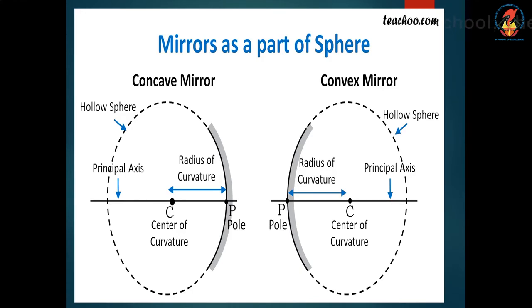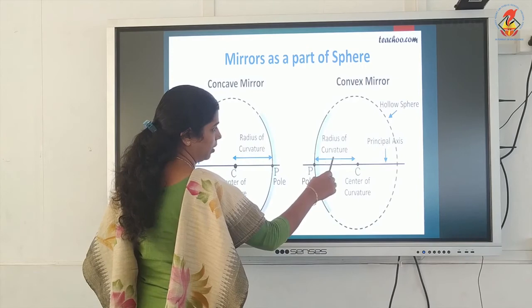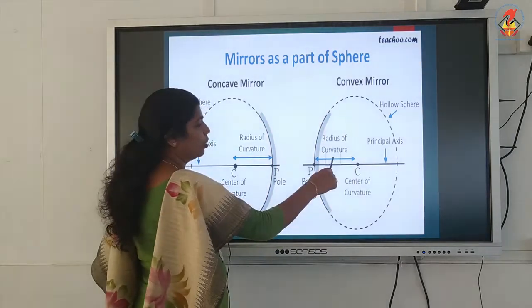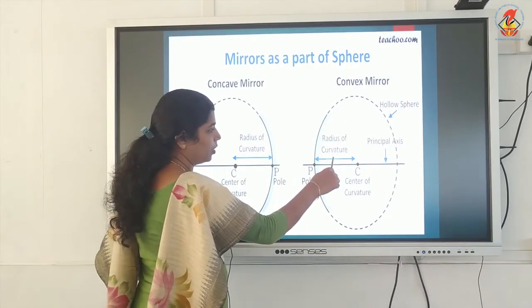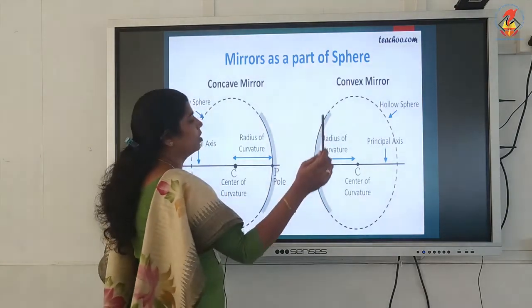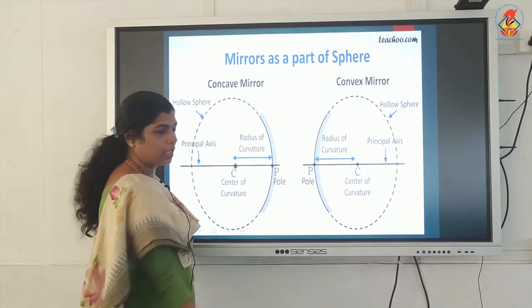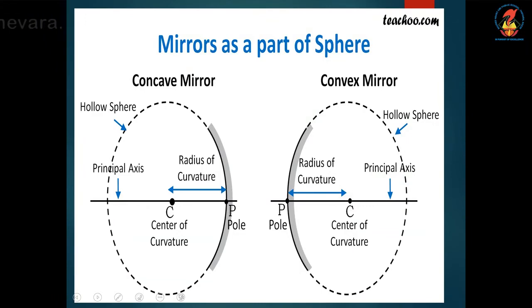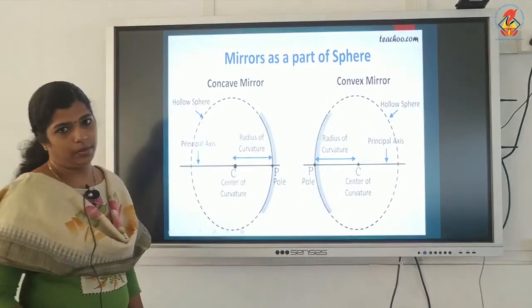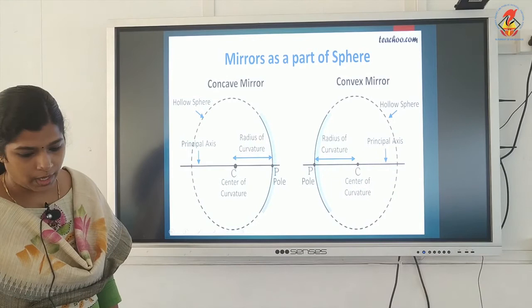Normally, it is represented by capital R. Then, principal axis is a straight line passing through the center of curvature and the pole of the spherical mirror.